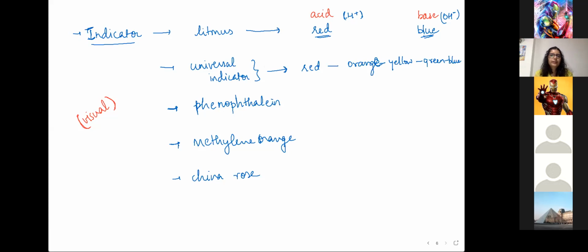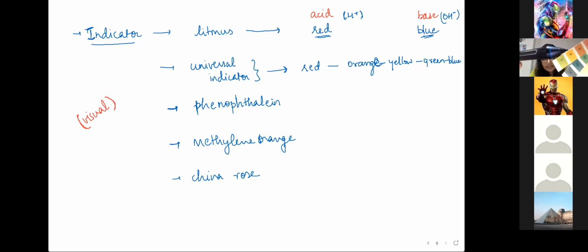So it depends. If you just want to check finally whether something is acidic or basic, you use a universal indicator. And if you want to know an approximate value, commercially, along with the color, you can compare the color and figure out what the approximate pH value is.